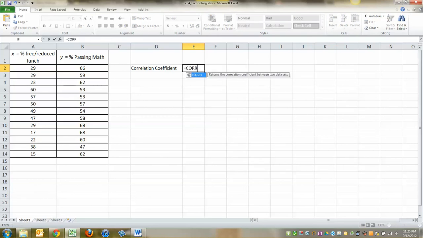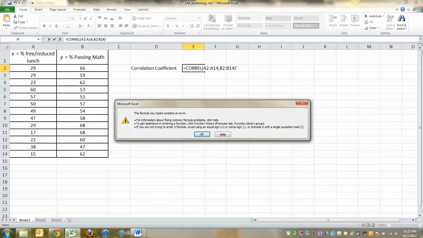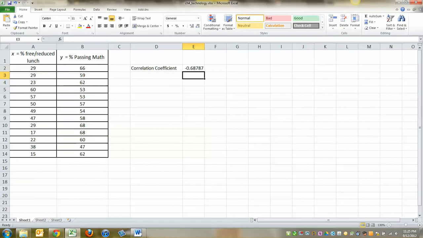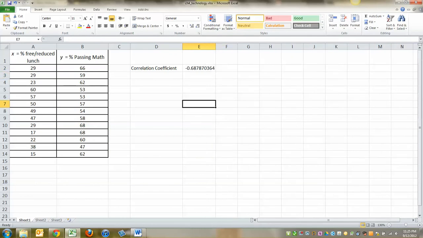Equals CORREL. And then you say, okay, what's your first array of data? That's these data points from A2 to A14 for me. And then my second array is B2 to B14 for me. Close my parentheses. And oops, don't type an apostrophe at the end of that. Yes, I know I have an error. Delete it, enter. And there you go. There's your correlation coefficient.